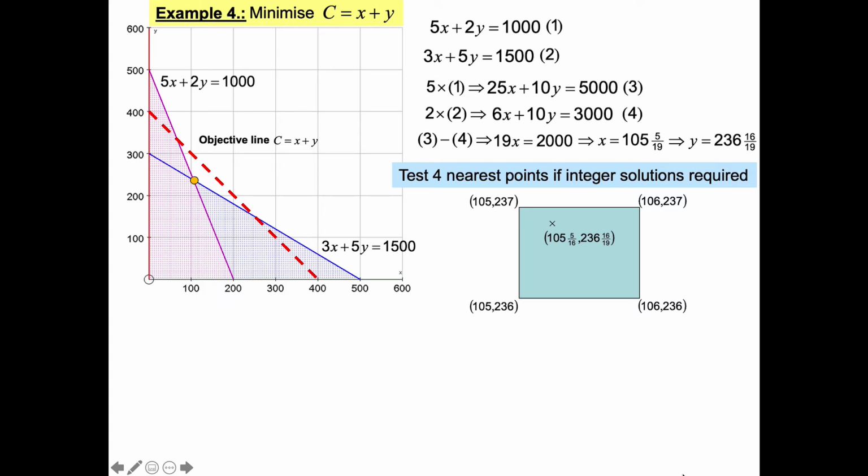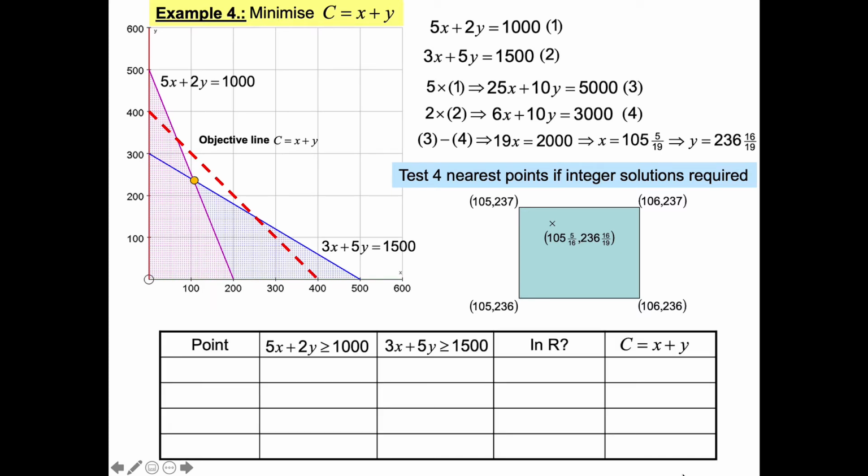This gives you the combinations for the possible coordinates, and the 4 nearest points that you need to test. Now, what happens next, you take these 4 points and you need to verify if the point actually is in the feasible region. That means if it satisfies all the constraints that were given.